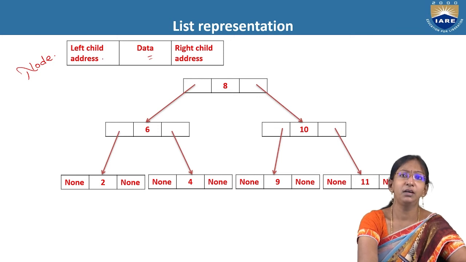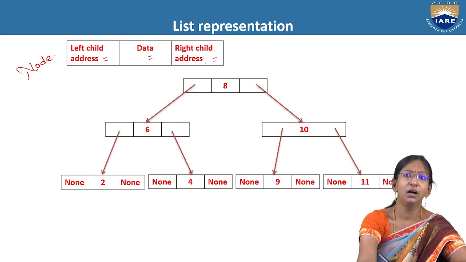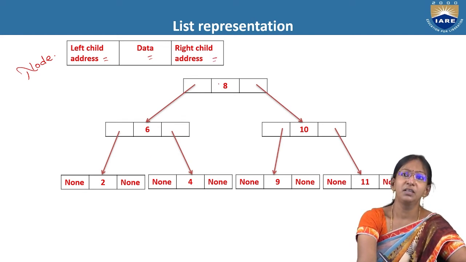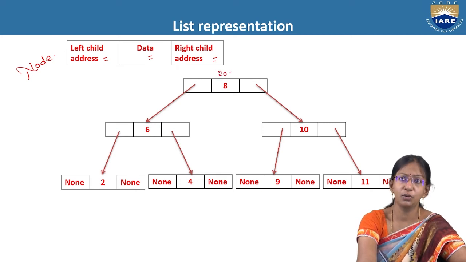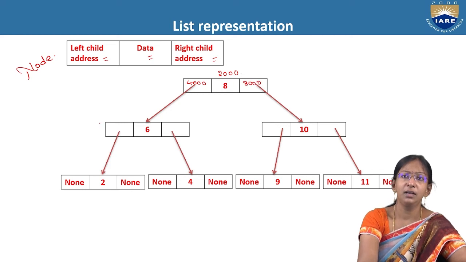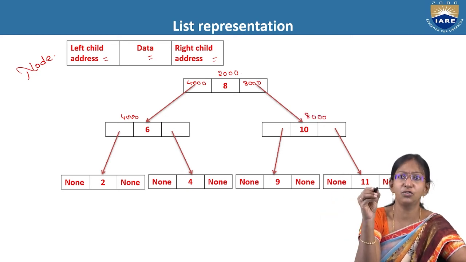The left part will hold the address of the left child, and the right part will hold the address of the right child. Okay, for example, say 8 is at location 2000. Its left child is at 4000 and right child is at 8000. Then 4000 is the location of the left and 8000 is the location of the right child.